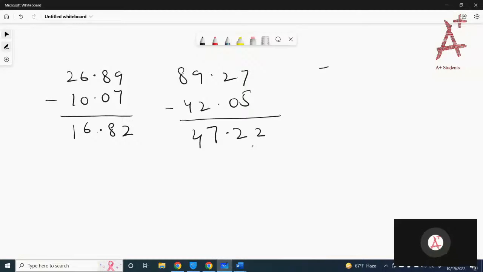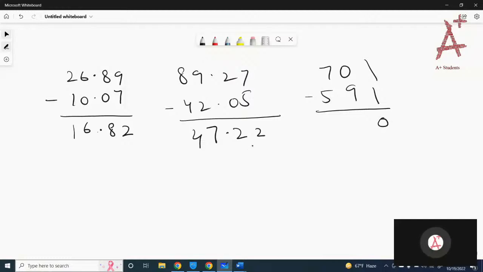Okay, the next one is you have to subtract 701 and 591. So whenever you are working on subtraction, you always start from the rightmost digit. So 1 minus 1 is 0.